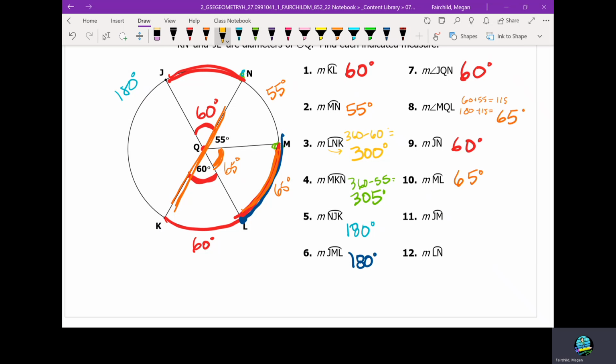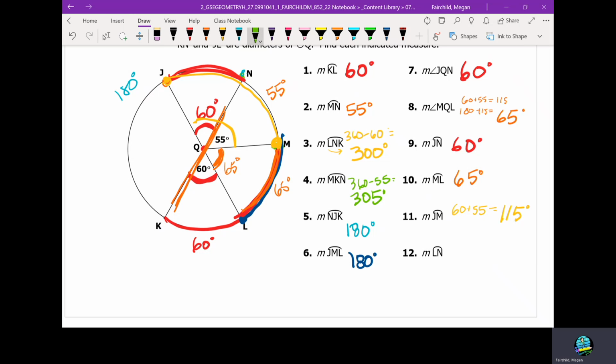Arc JM is going to be, you're looking at J here, you're going to go this way to M because it's a minor arc. So we're going to add 60 plus 55. You guys are going to get to do a whole circle on your own in just a second. So that's 115.